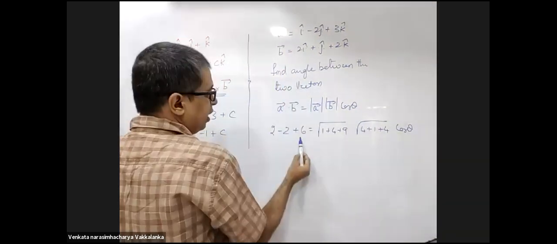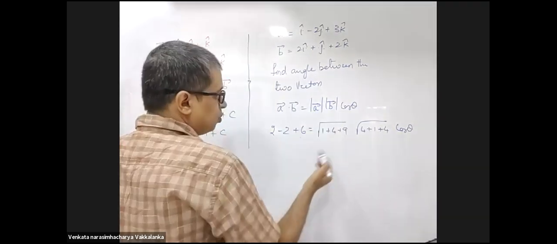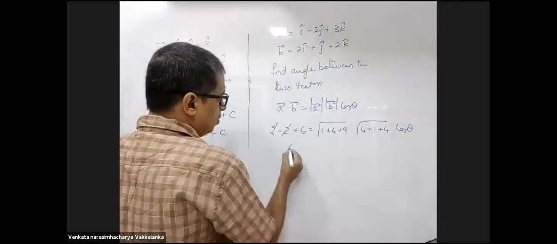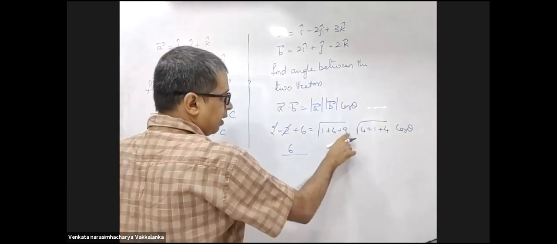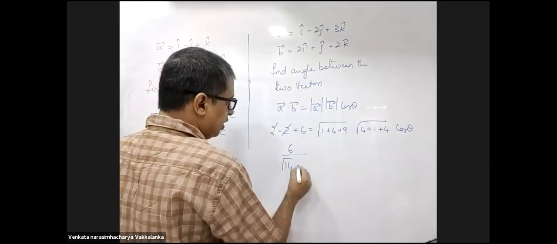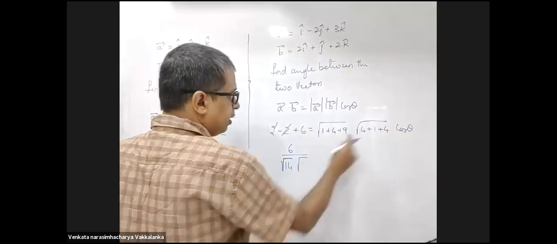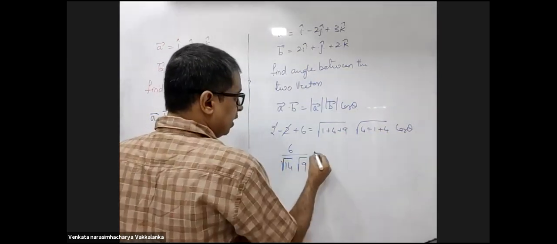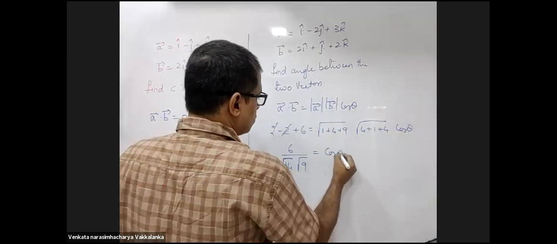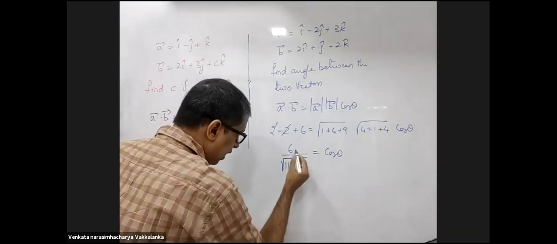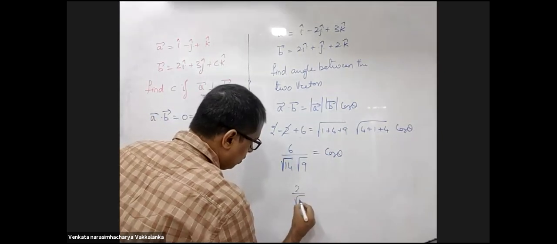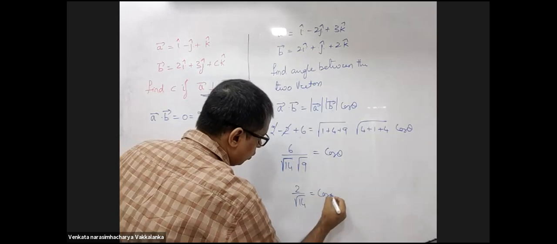I first took A dot B, then I took magnitude of A and B. This will be 6 divided by root 14 into root 9 equal to cos theta. Root 9 is 3. So 2 by root 14 is cos theta.